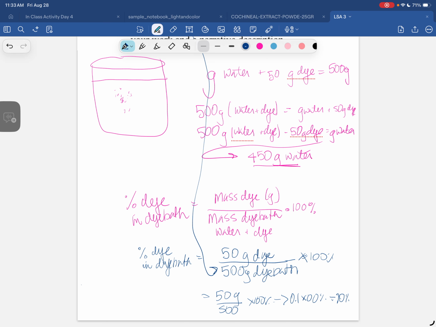So that means my mass percent of dye in dye bath equals 10%, or the mass of our dye is 10% of the dye bath mass.